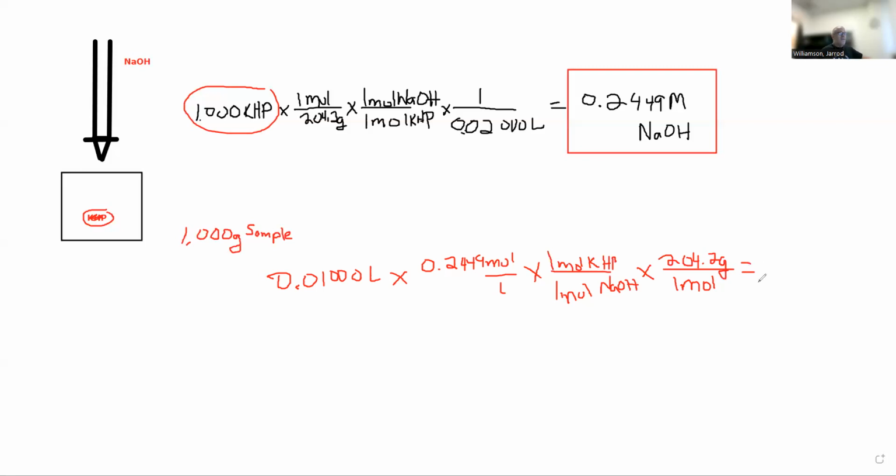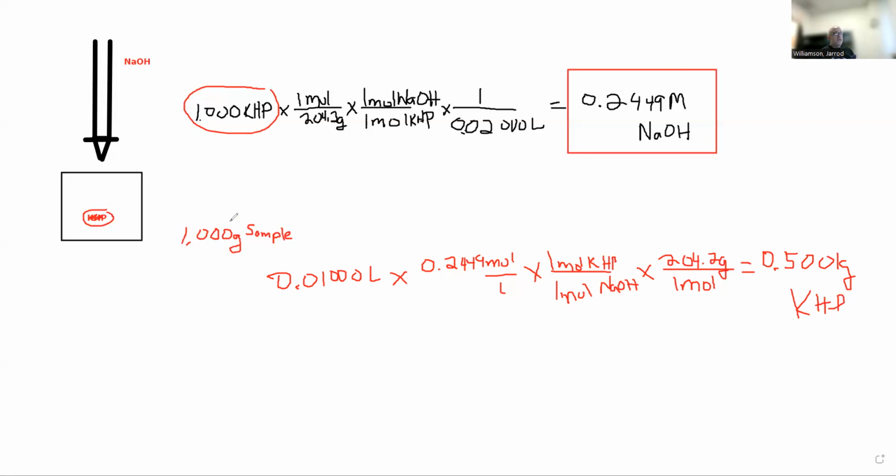Let me do the math. Let's hope I did it right, guys, because again, I made up numbers. 0.01 times 0.2449 gives me a number, times 1 divided by 1 times 204.2, and that gives me 0.5001 grams of KHP.